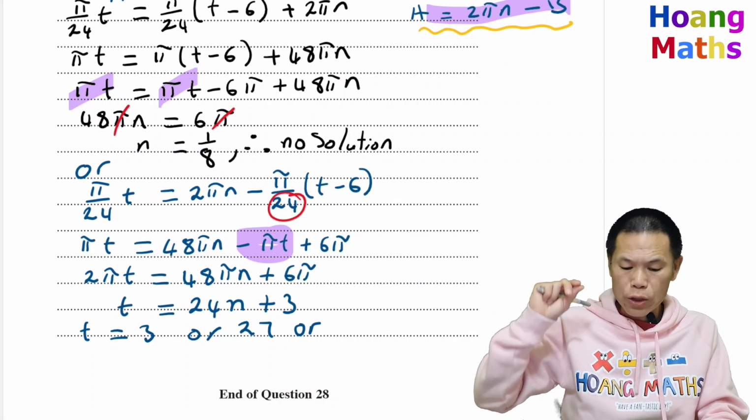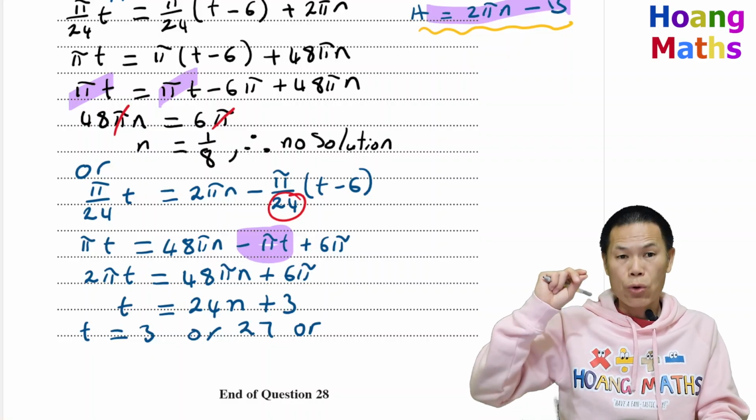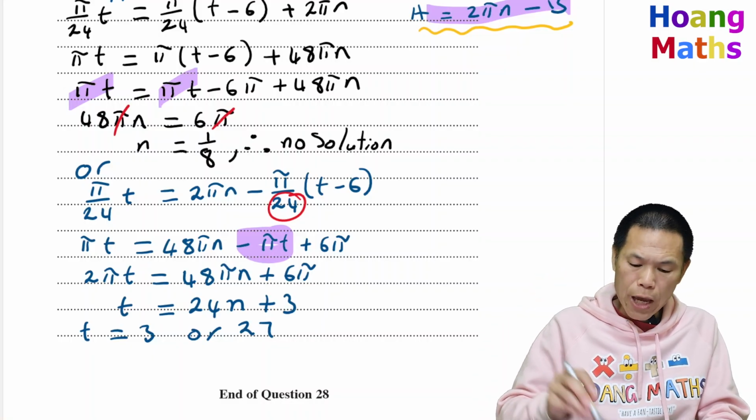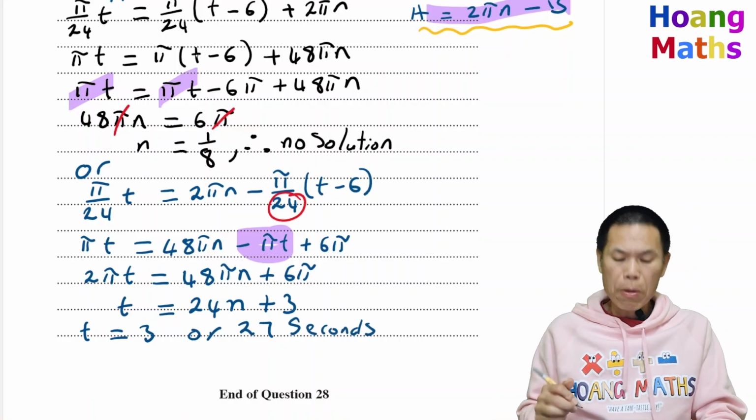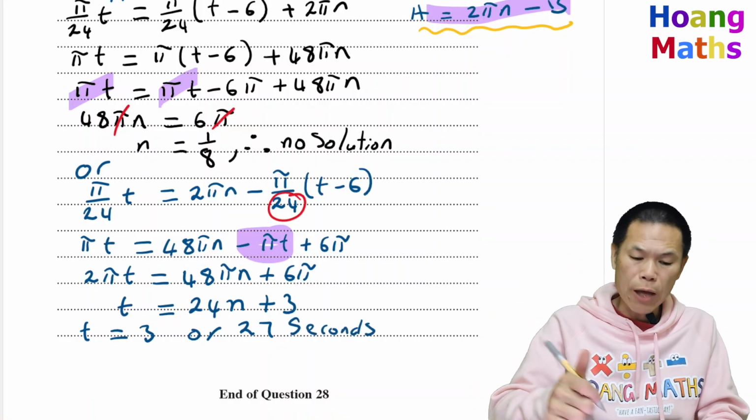So therefore, we stop at t equals 3 or t equals 27. So there you go, that's the answer. That is in seconds, but then we need to find the height. Keep that in mind.